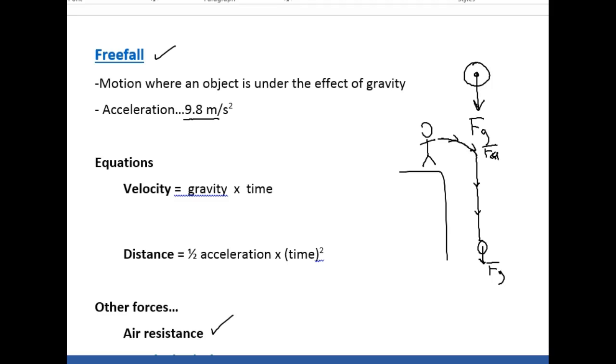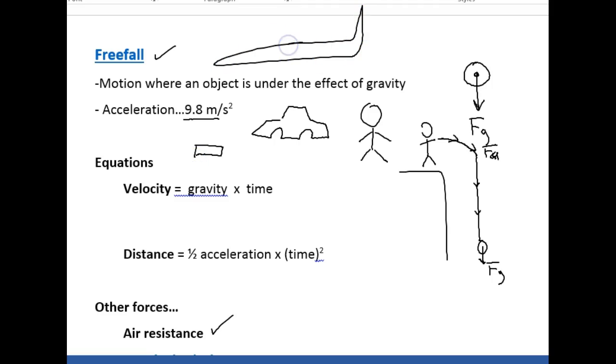So no matter what you are, if you're a car, if you're a person, if you're a hockey puck, it's a pretty big hockey puck though, and we take you and put you in a plane, any of these things, and then we drop them, there's this interesting thing that the force of gravity due to the Earth pulls on objects and causes them to accelerate at this rate, no matter what they are.